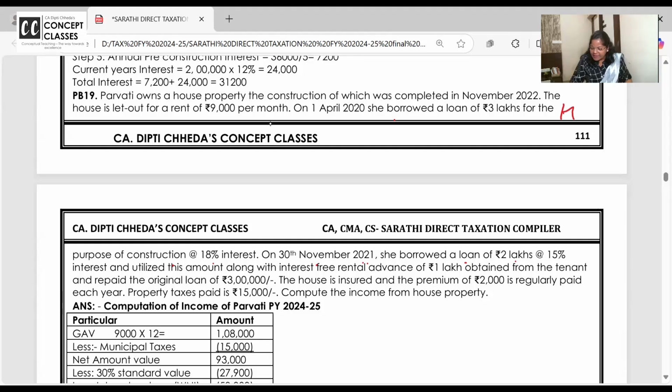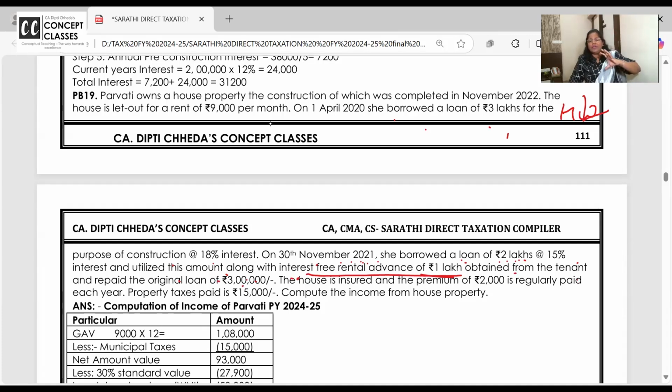See, now there's a change in housing loan. First housing loan is 3 lakh. November 21, she borrowed a loan of 2 lakh and utilized this amount along with 1 lakh interest-free advance from a tenant and repaid 3 lakh.